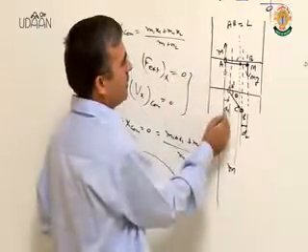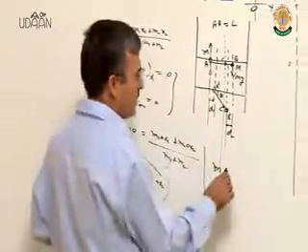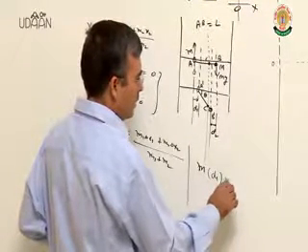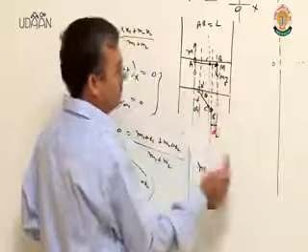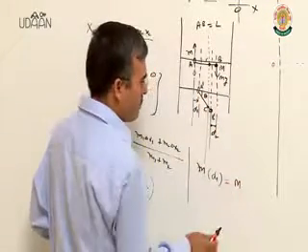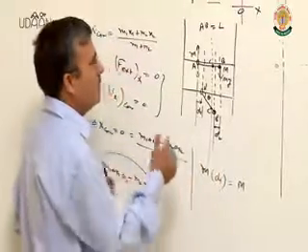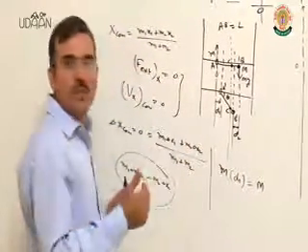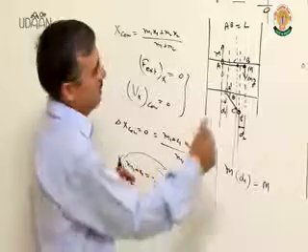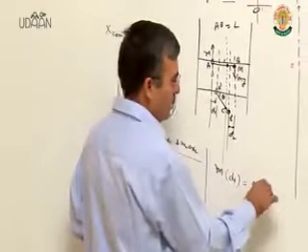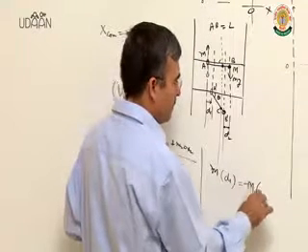In this case, delta x1 is d1, that is equal to capital M into the change in position of the second body, d2. It is shifting left side, so delta x2 is minus d2.